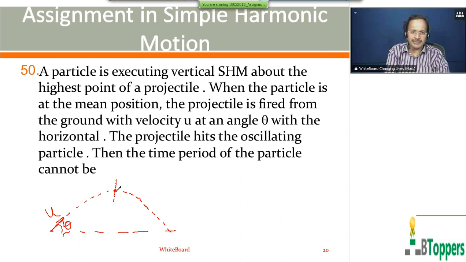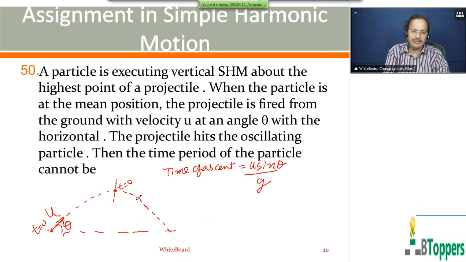The particle is at the mean position at t equal to 0. When the projectile is projected at t equal to 0, the projectile reaches the highest point of its path after time equal to the time of ascent. We call time of ascent the time taken to reach the highest point.